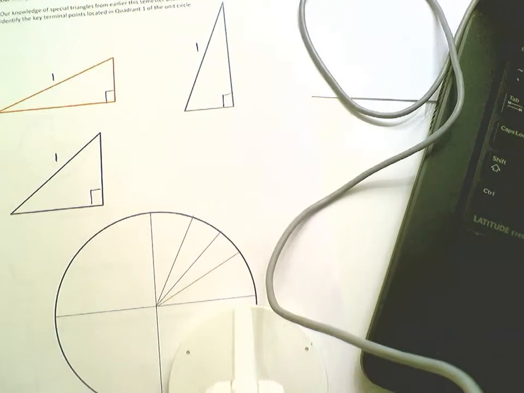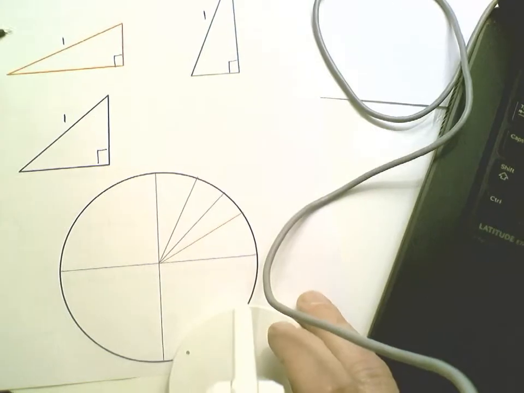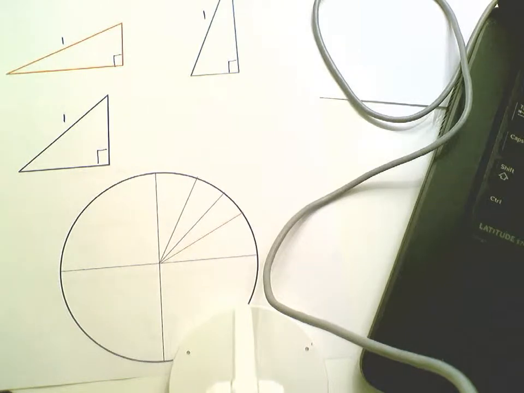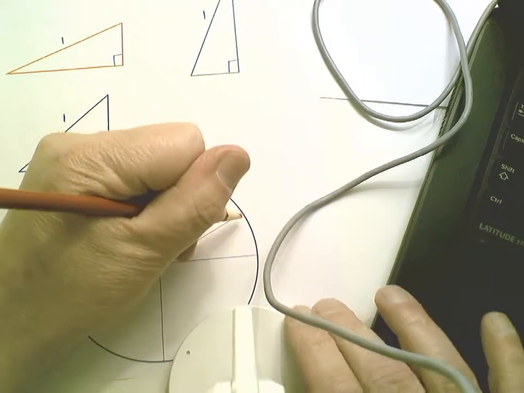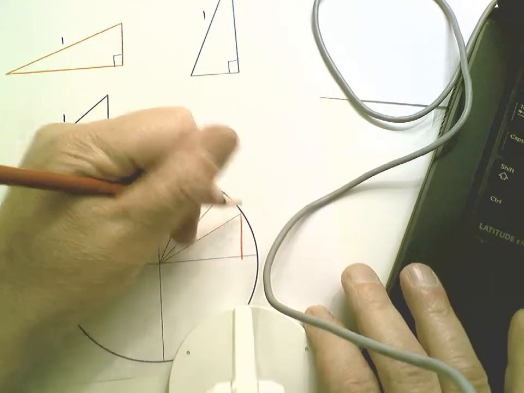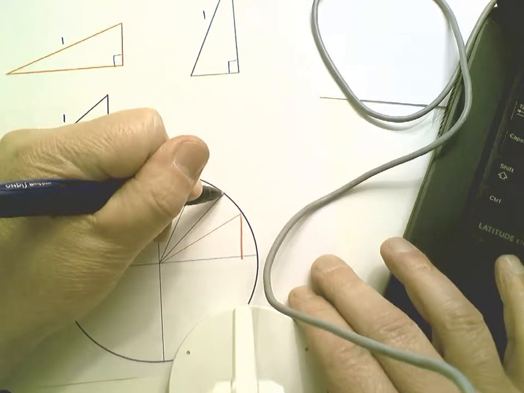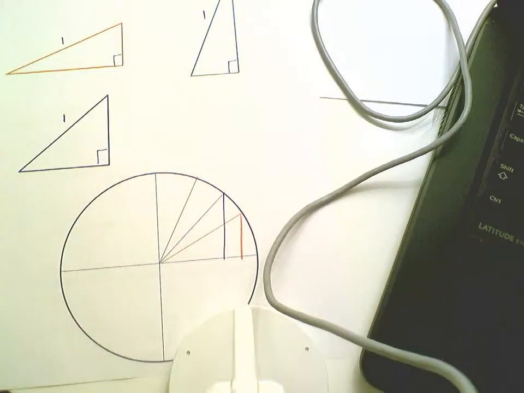These are all special triangles. So we're going to do a little bit of work to identify the dimensions of these special triangles, and then we're going to map them out and identify their terminal point on the unit circles. So I'm just going to build 3 of these right triangles. Let me go to green.